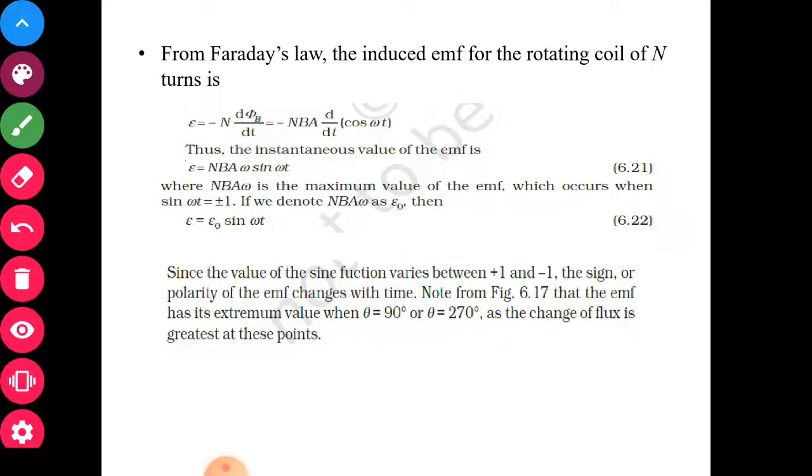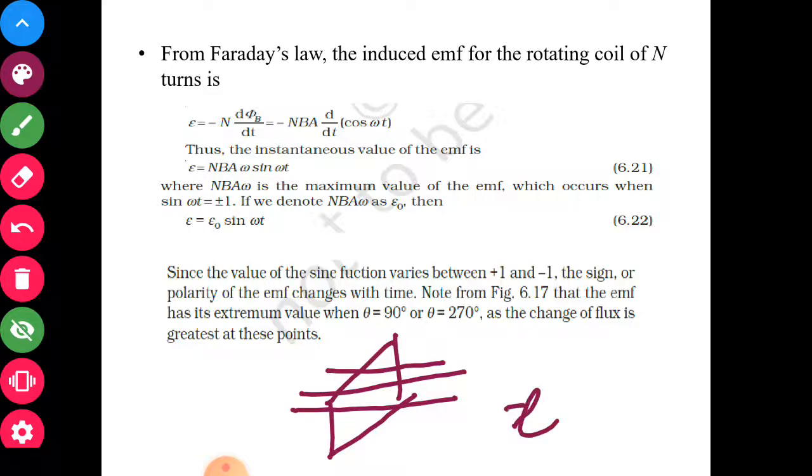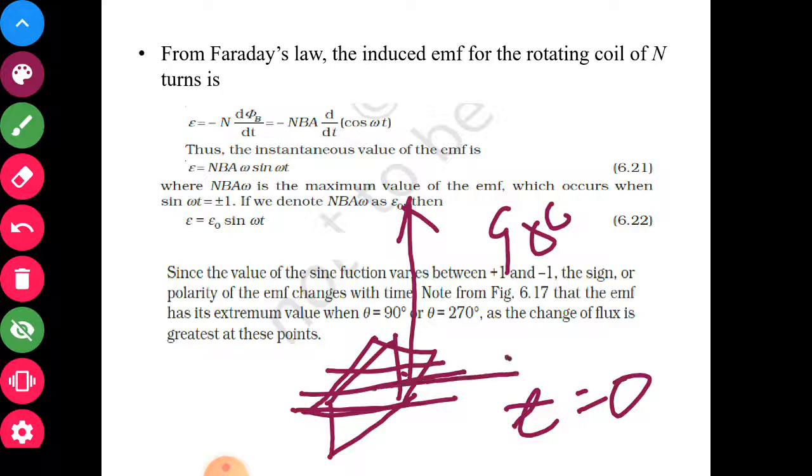Why? Because you can understand that initially, say, the coil was like this, so maximum field lines were passing initially at t equal to 0. Now say at 90 degree, what will happen? This will become like this, parallel, or the area vector is now perpendicular to the magnetic field.